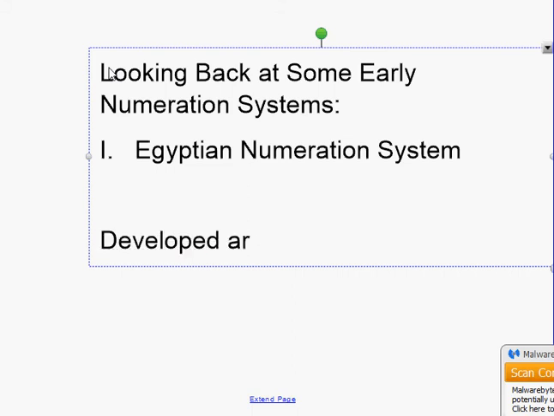Now, another common early numeration system, which we still use for outlining in some textbooks, is the Roman numeral system. It's also sometimes used for clocks. The numerals come from letters in the alphabet.